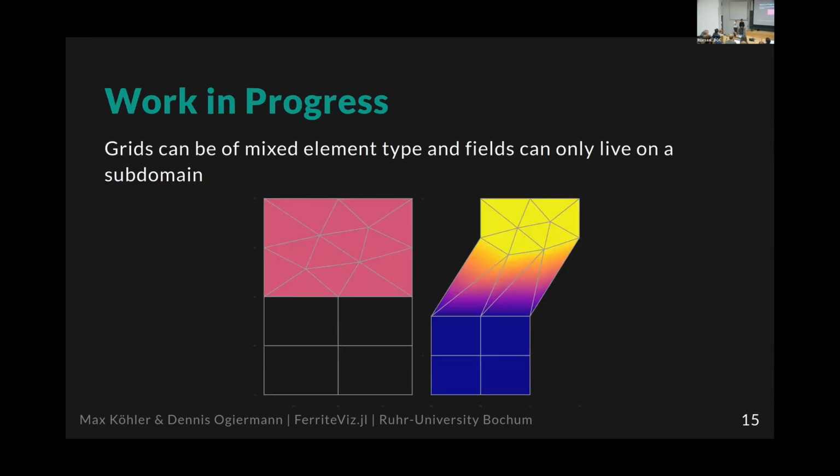Yeah, then to make things even more weird before we conclude, we also have the case where fields, so physical fields, only live on part of the domain. So at the left-hand side, you can see, obviously, the field is living at the top of the domain and not on the whole domain, which is already making things more complicated.